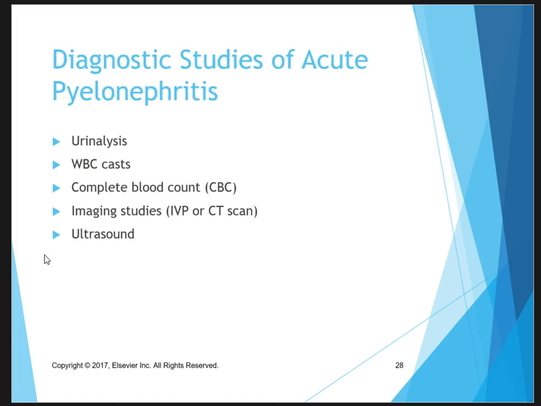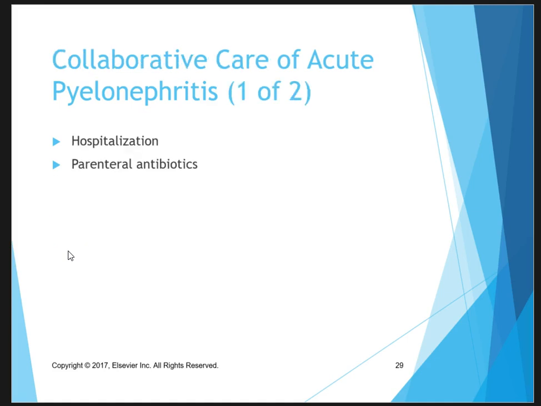Same thing here. We're going to be getting your UA. We're going to be getting, this time though, a CBC and looking at your white blood cells. And this is where some of those other radiographic studies may come into play. Most people with pyelo end up needing to be hospitalized and needing a good dose of parenteral antibiotics.